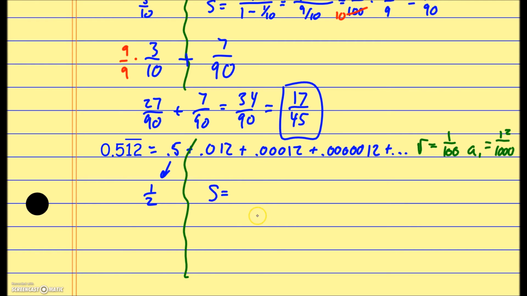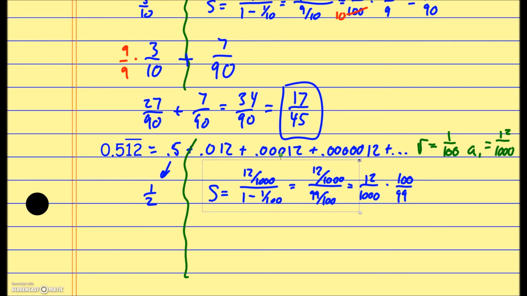So S equals a sub 1, which is 12 over 1,000, divided by 1 minus 1 over 100. Now I simplify. That's going to be 12 over 1,000 over 99/100ths. Now dividing by a fraction is the same as multiplying by the reciprocal.